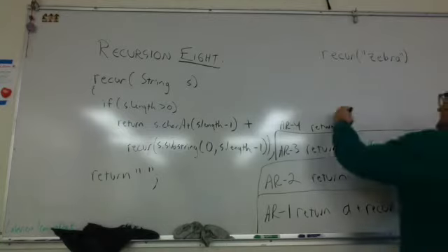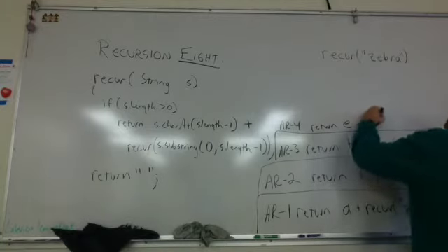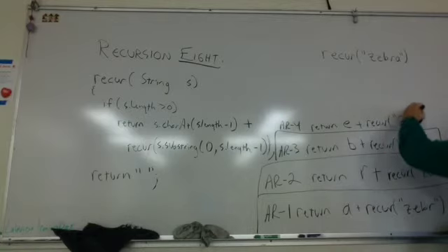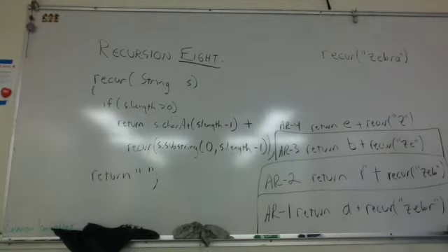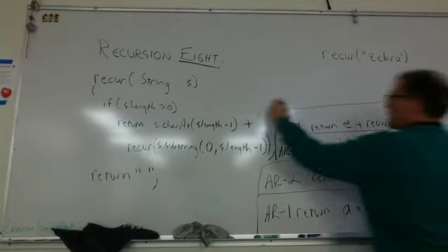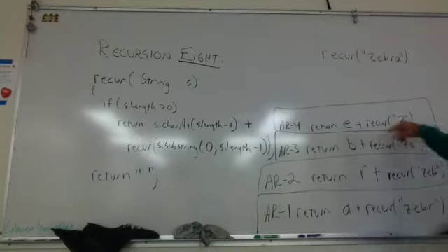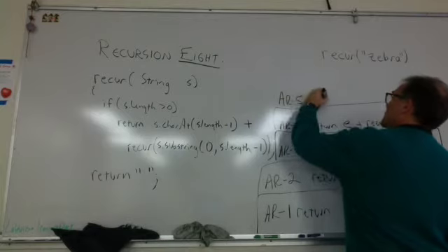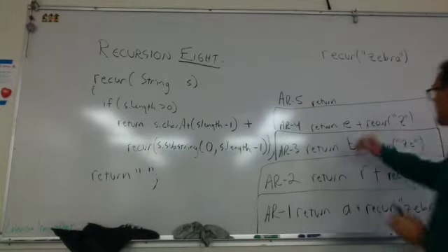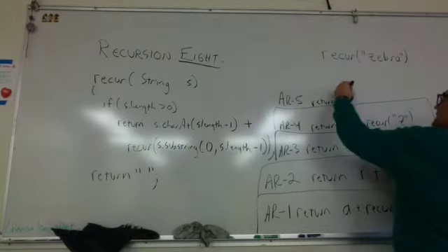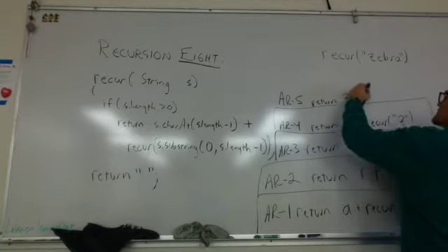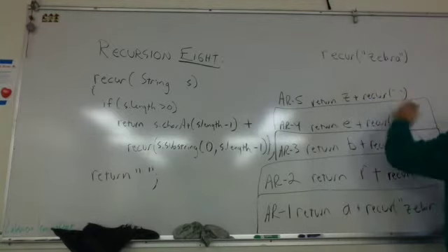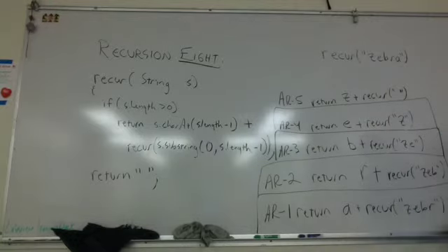We return the last character plus whatever happens when you call recur with the substring. In this case, you're down to just the Z. Recur gets called one more time. Activation record 5. We return the last character plus whatever you get when you call recur with an empty string.